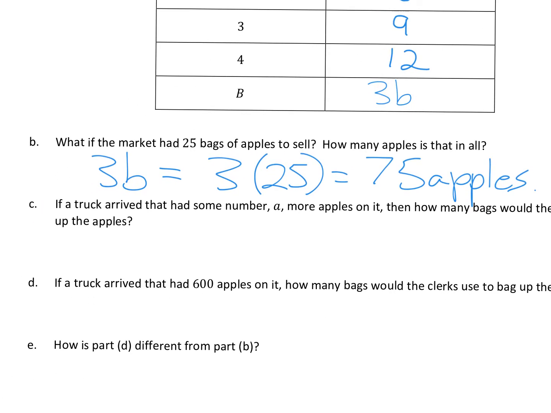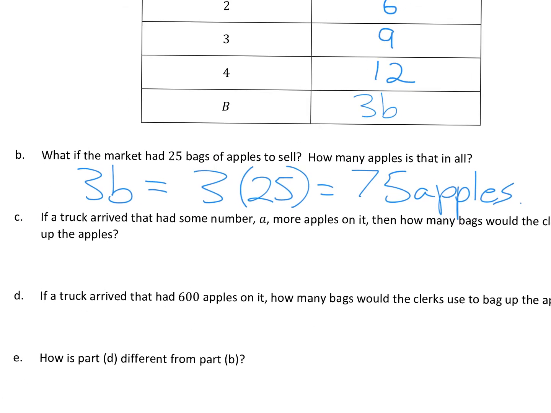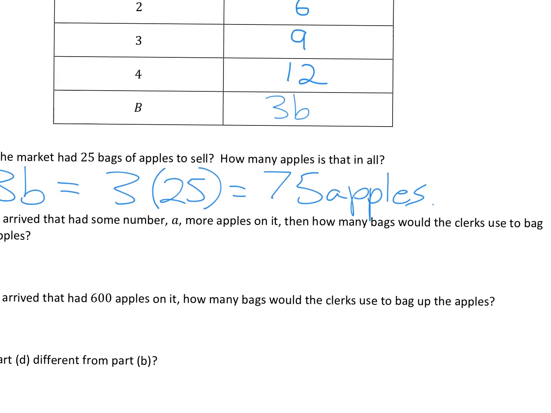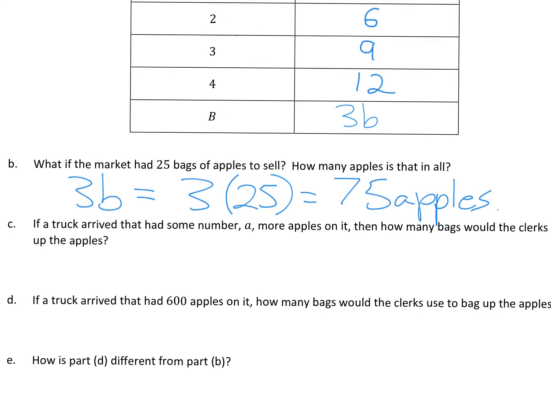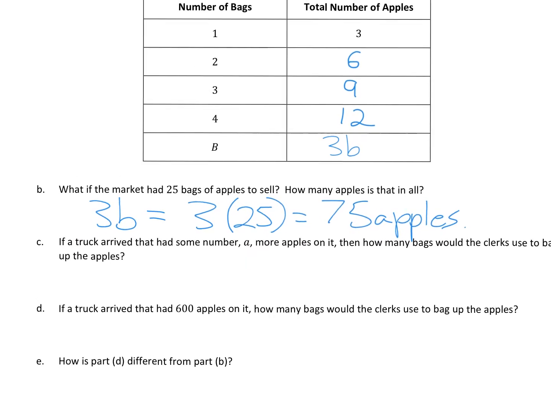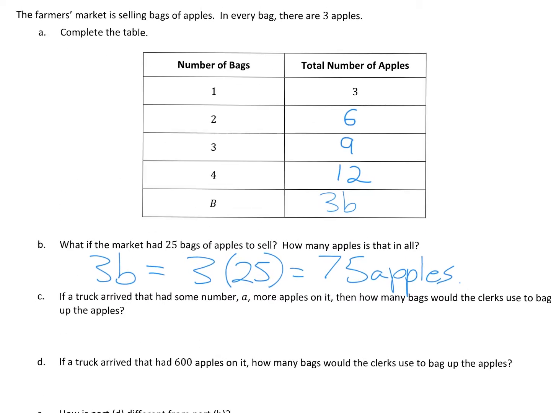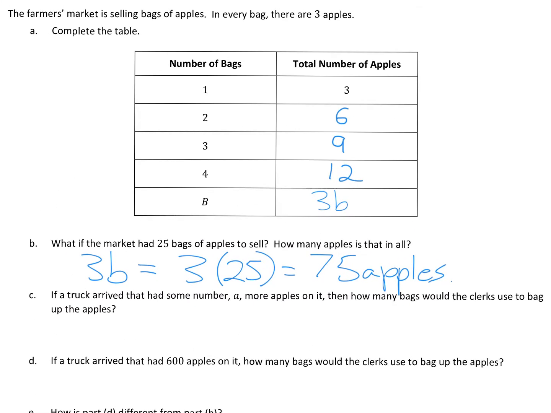If a truck arrived that had some number A more apples on it, then how many bags would the clerks use to bag up the apples? So this is wondering if you have a certain number of apples, how many bags do you need? So we can go back up to our table because I think that would help.